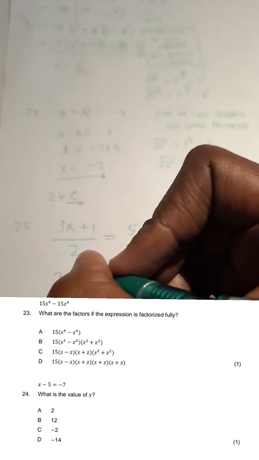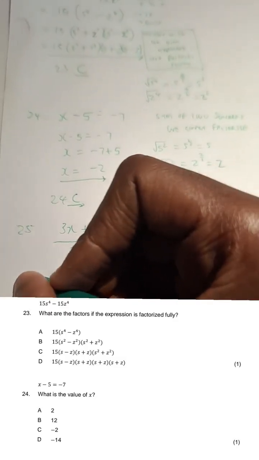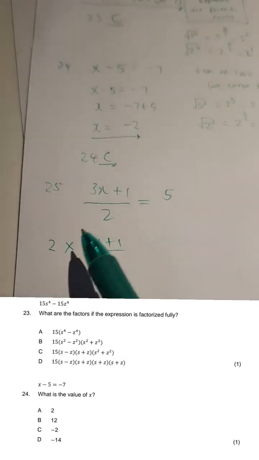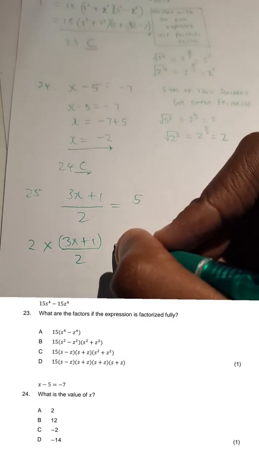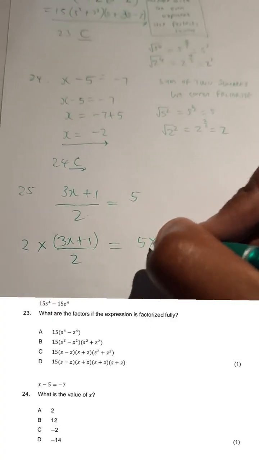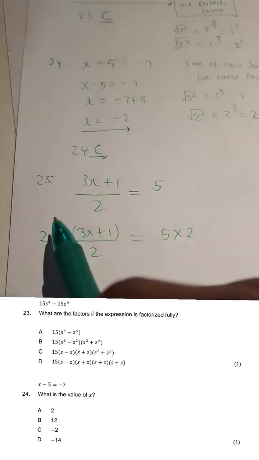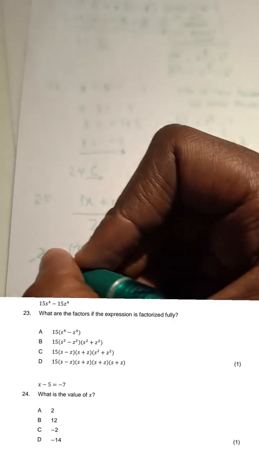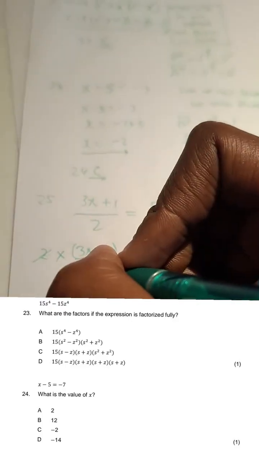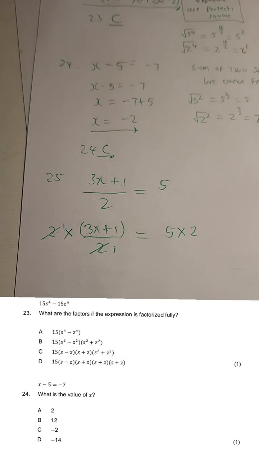So what we can do, guys, is multiply in the numerator by 2. What we do on the left, we have to do on the right. So if we multiply by 2, why are we doing that? It's because 2 in the numerator and 2 in the denominator will cancel each other.